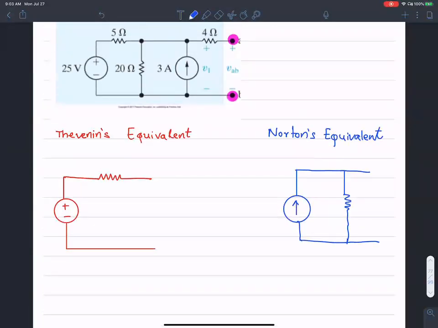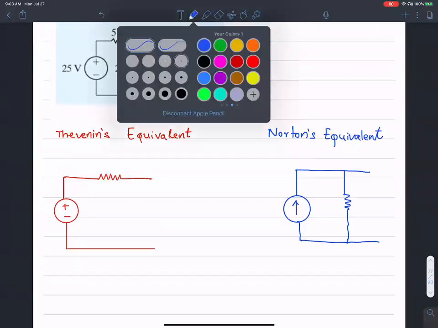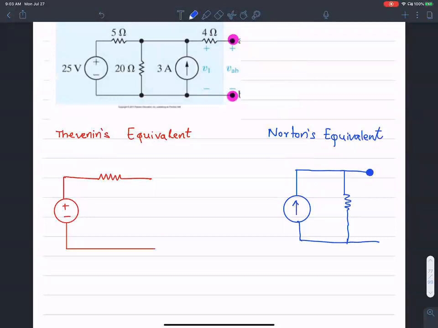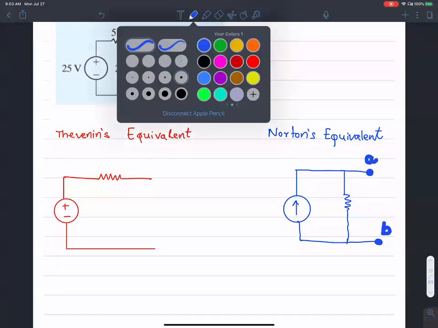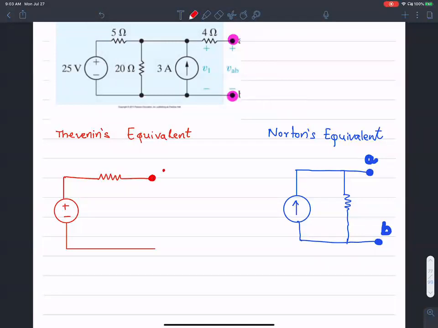So the argument was that this terminal A and B, this guy is A and this guy is B. Similarly, this guy is A and this guy is B.